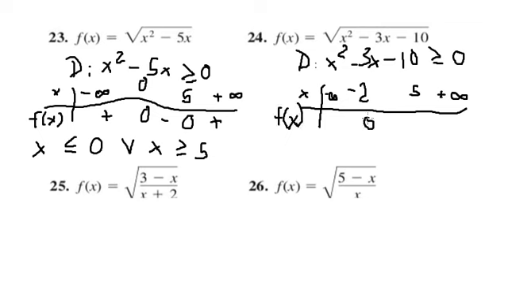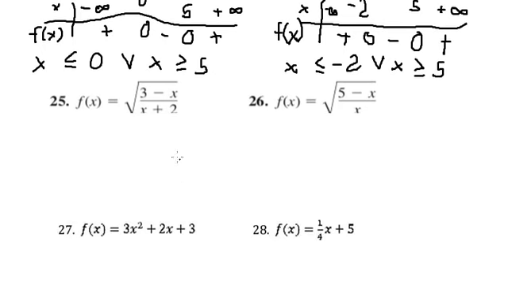So we put 0 here and 0 here. So you get positive, negative, positive, because the coefficient of s is 1. So this is s is smaller than or equal to negative 5, and s is greater than or equal to 5.